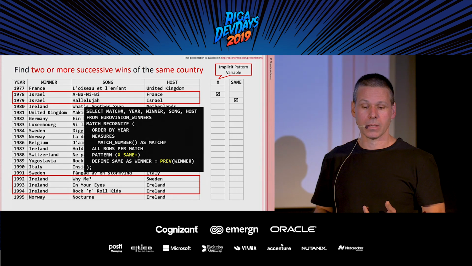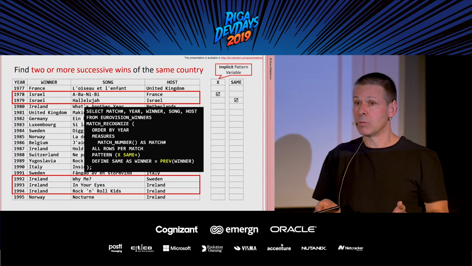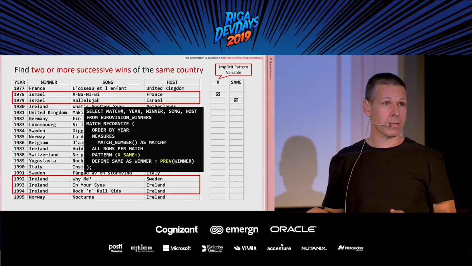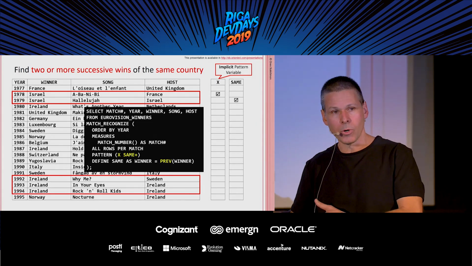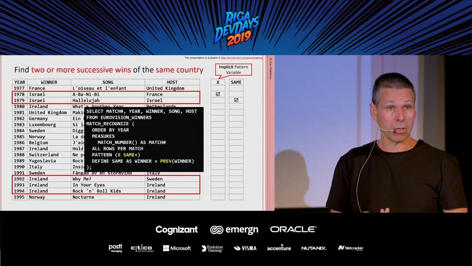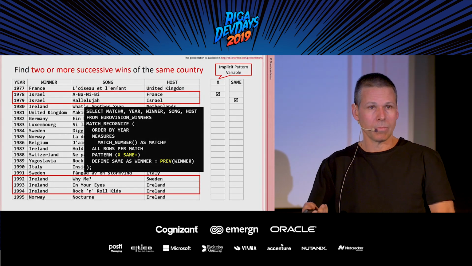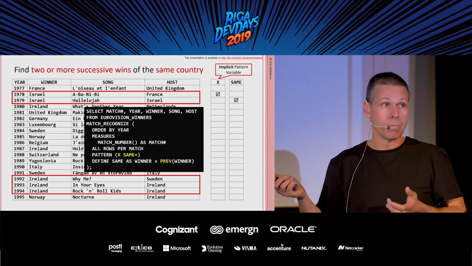What about X? I didn't define it. And the reason I didn't define it is that every record can be an X as long as it is followed by a SAME record. So I don't have to define it explicitly, and it is defined implicitly as always true.